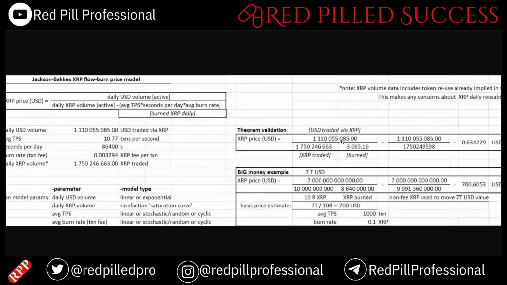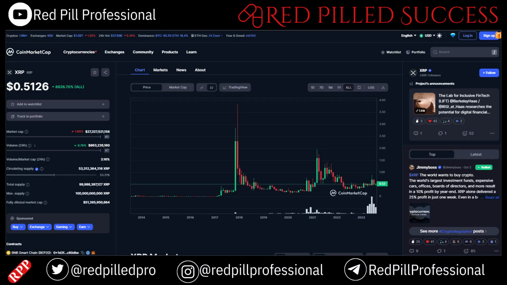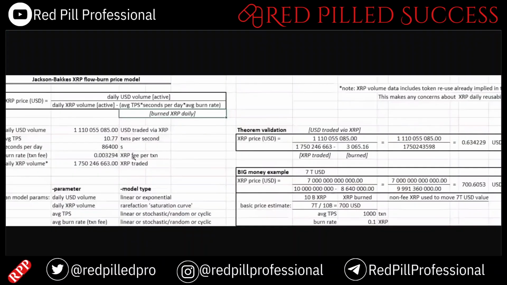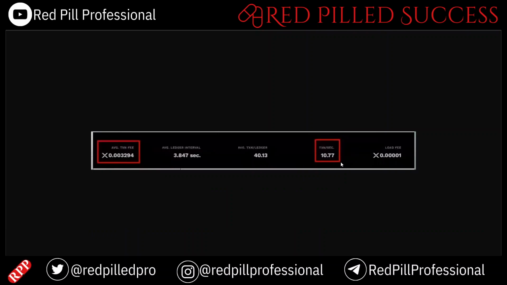And if you look at the current transaction information, this model is actually calculating about a 63-cent price of XRP, which is at least in line with a lot of the price action on XRP that we have seen for an extremely long time now.